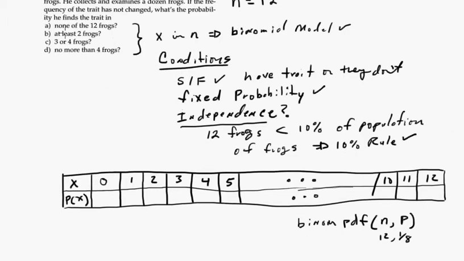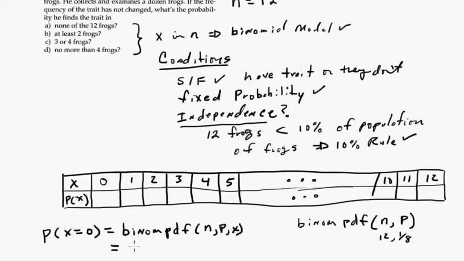Okay, so let's look at the first problem. They're asking, what's the probability that x equals 0, that none of the 12 have this? Well, that's going to be binomPDF, because we just want this probability right here. So we'll use n, p, and x.